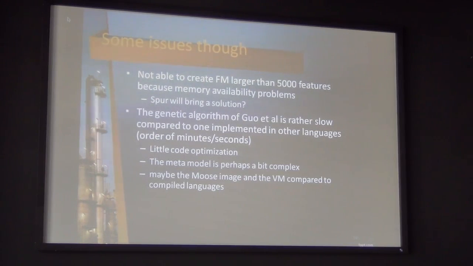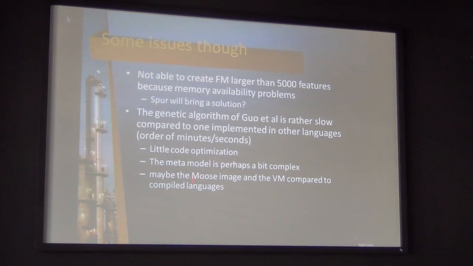I also had this issue that the genetic algorithm of Guillot et al. was slower, compared to the results reported in its papers, and that was developed in another language. Actually, it was developed in C, and the reason for this is that maybe he did some optimizations that I didn't do myself, and this was intentional because I wanted to compare really the ideas, basically.